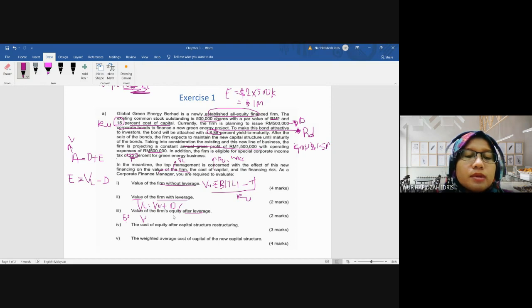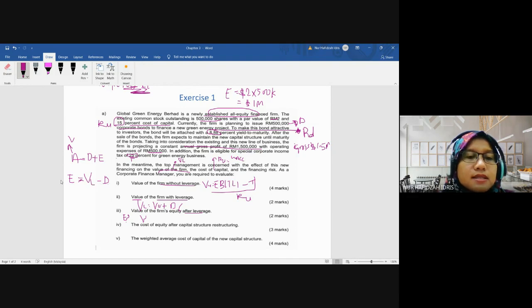So the E is 1 million? No. This 1 million is before restructuring, before the company introduced that. Okay, so you need to find the new E after the company issued bond. So E equals VL less D.